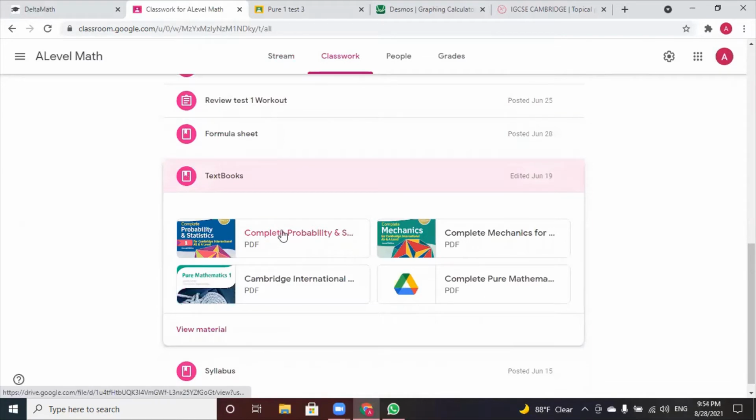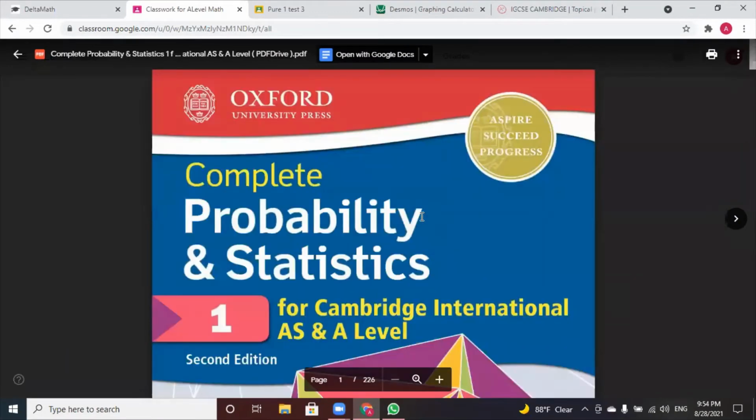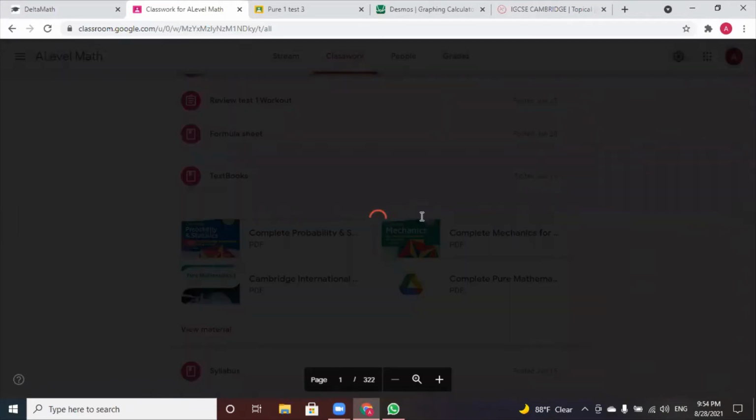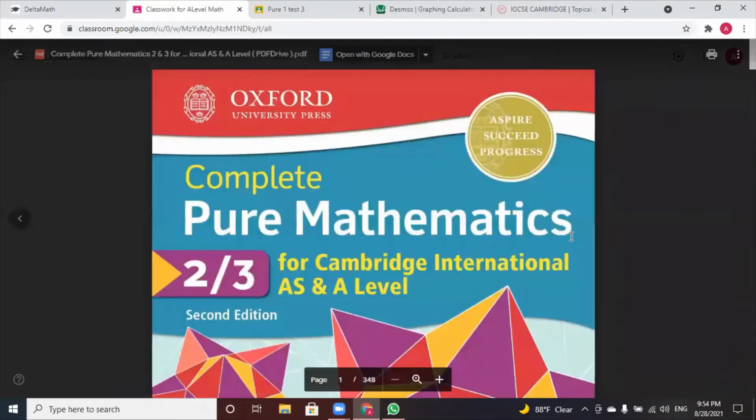This is the probability and statistics book, as well as the mechanics book, as well as Pure 1 and Pure 3. So a student can easily open one of these books online and use it to their satisfaction. I can also assign, of course, homework assignments from the book and have them submitted on Google Classroom as was previously shown. So this is what I use Google Classroom to do.